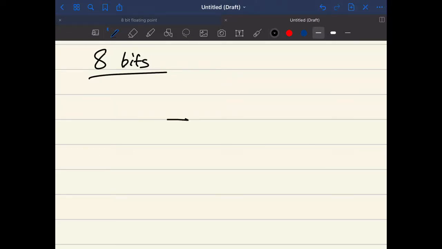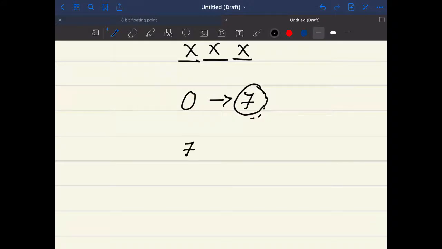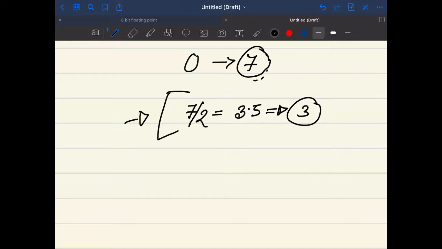In the 8-bit representation, there are 3 bits for the exponent. 3 bits can represent from 0 up to 7, where 7 is the max, right? Now you divide 7 by 2. This would give you 3.5, and then you floor the value, which gives you 3. This is basically a cheating way to find out the value of n.